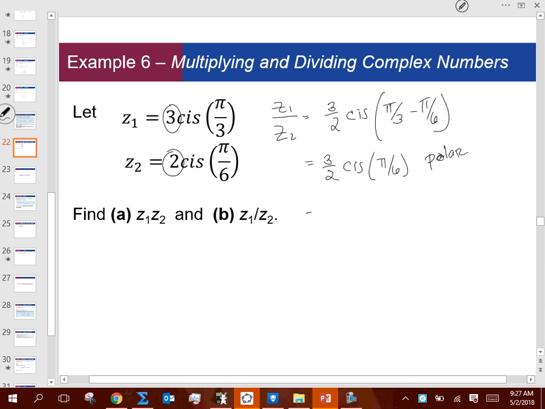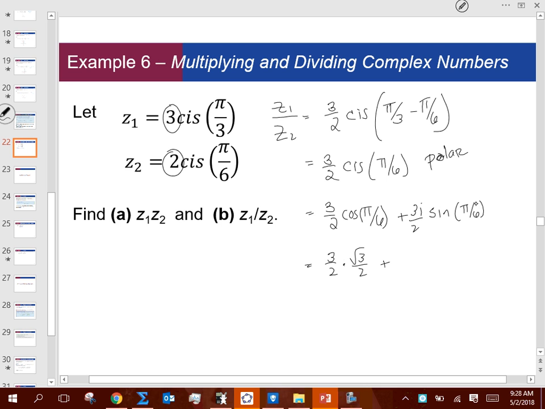If I want it in rectangular form, I'm going to do this, and then just evaluate. What's cosine of pi over 6? Radical 3 over 2, so I get 3 halves times radical 3 over 2.